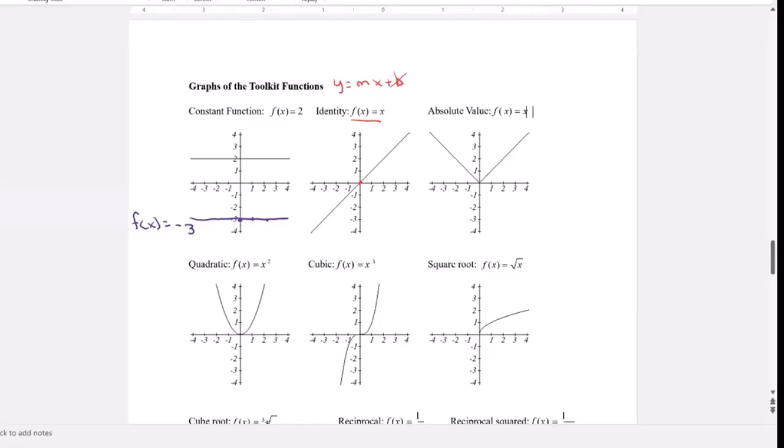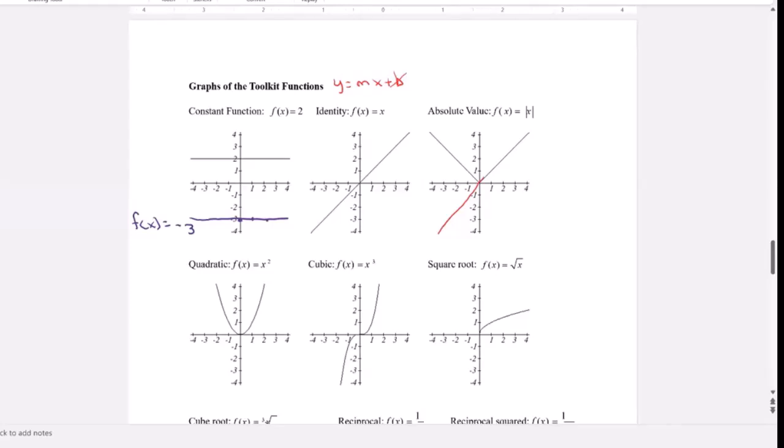Okay. Now, absolute value, it looks like it's maybe hard to remember. And really, if you remember, the absolute value of x means that no matter if x is positive or negative, y or the output is always positive. So let's just say we start with our y equal x line because it says absolute value of x, so it should look somewhat like x.